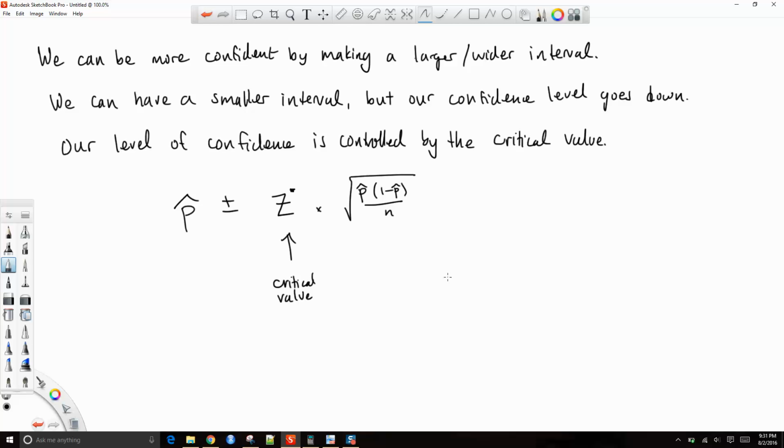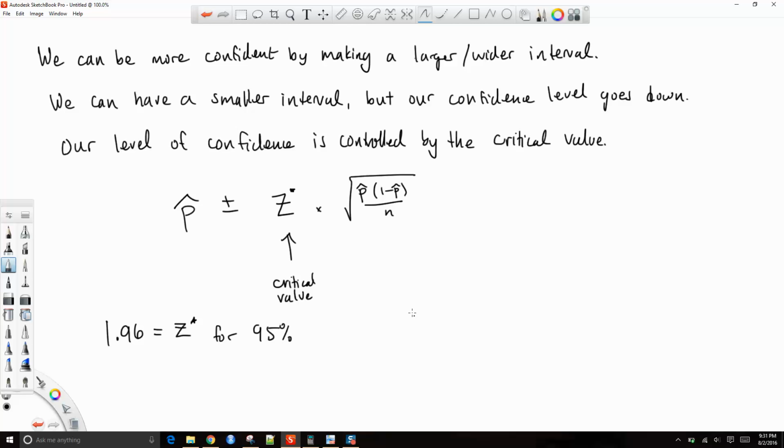We already know one of these critical values. 1.96 is our z star for 95% confidence.